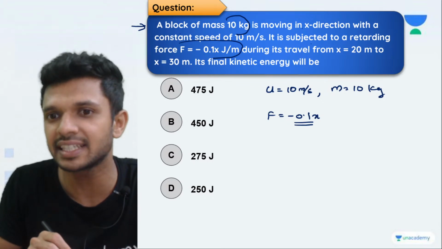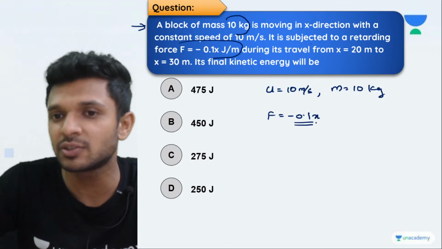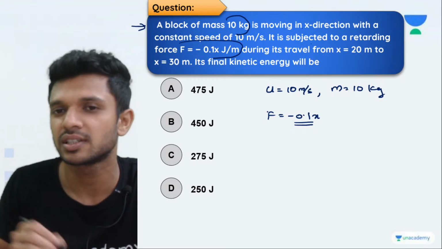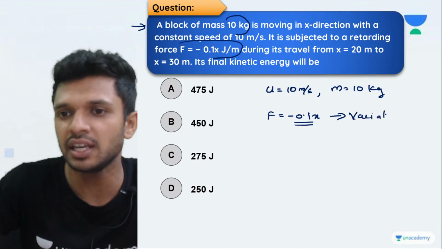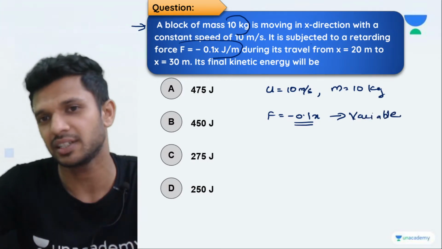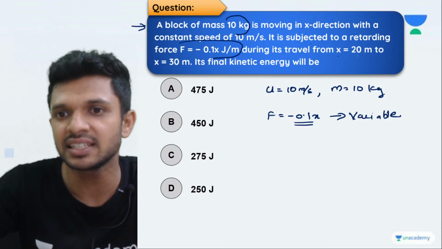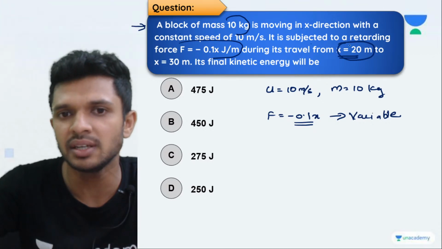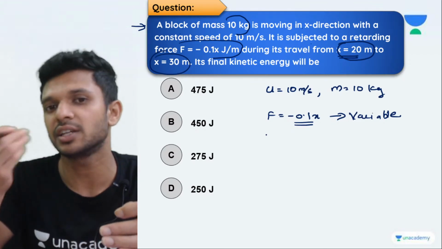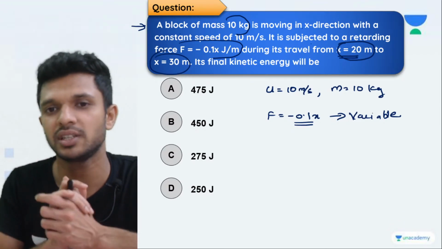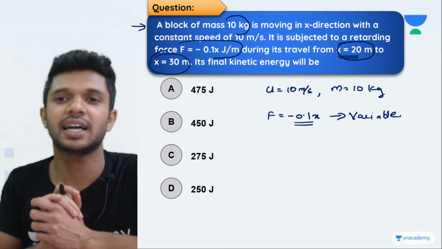As the x coordinate changes, F will also change. So what kind of force is F? It is a variable force. Keep this in mind. And it changes its x from 20 meter to 30 meter. So the initial value of x is 20 and it is moving to a value of 30. The question is, find its final kinetic energy.